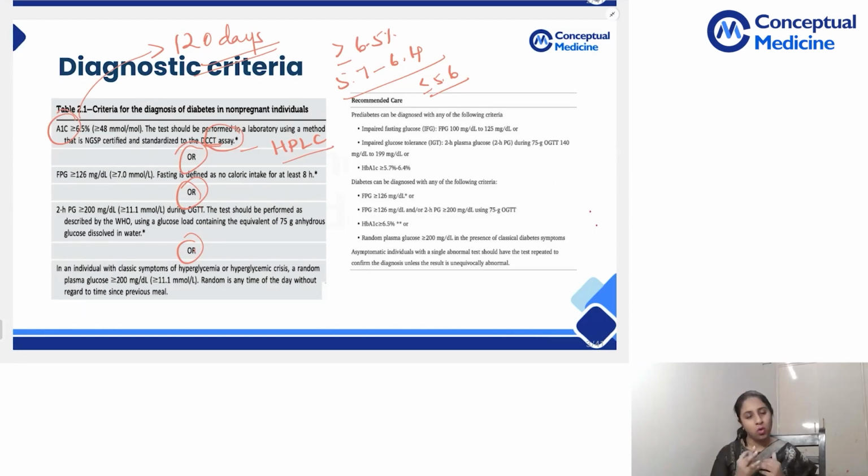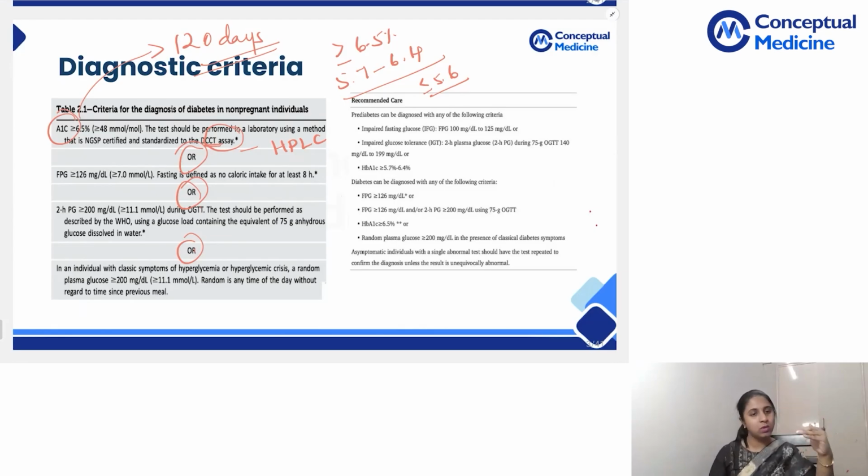We have other methods by which HbA1c can be analyzed, with immunoassays and enzymatic assays also. But even though they are done, the gold standard would always be HPLC. They utilized this method in this landmark trial, and this is considered the standard.